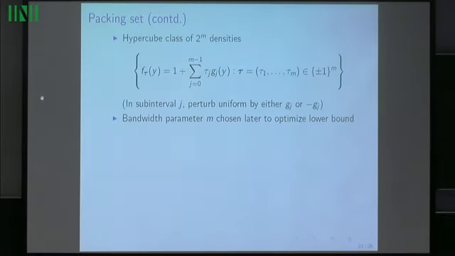So what this leads to is what's known as a hypercube class of densities. You get 2 to the m densities because you can perturb each of these subintervals by either plus or minus. Each density is indexed by some vector tau, which is a plus or minus 1 vector of length m. In subinterval j you perturb by either g_j or minus g_j, and m will be chosen to be something large.